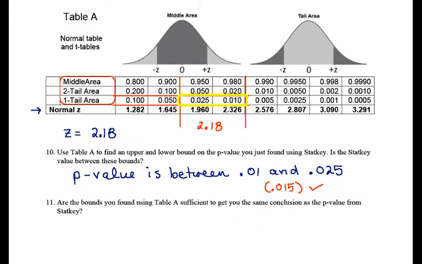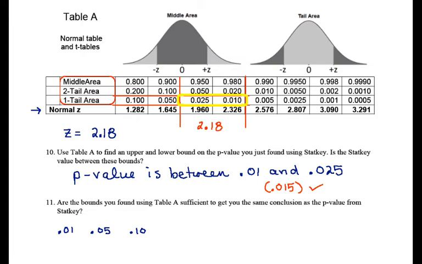And I can also see that that would be sufficient information to get a conclusion, because the breakpoints for the way I describe strength of evidence are generally 0.01, 0.05, and 0.10. So as long as it's not going to be so ambiguous that I can't tell whether it's above or below one of these, then it should be fine.